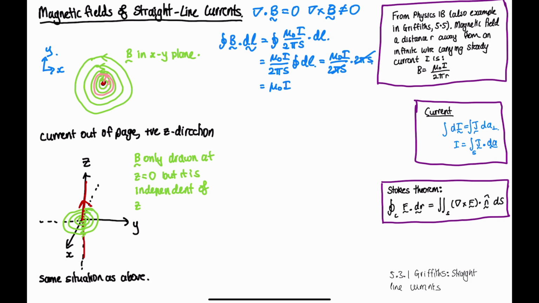Now, this was derived for a very specific case where we were taking a circular loop around an infinite straight line current. In order to come up with a slightly more general solution, it'll be helpful to move to cylindrical coordinates. So let's move to cylindrical coordinates where we've got S, which is the distance from the origin.